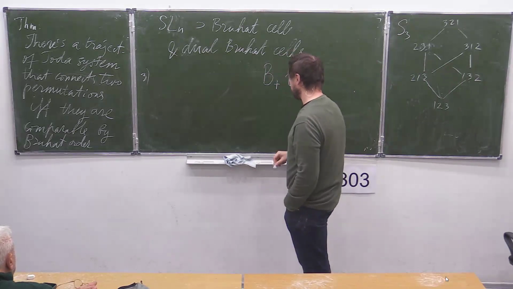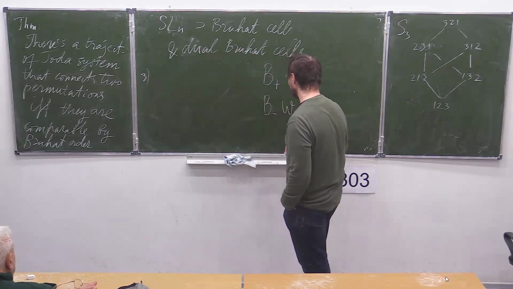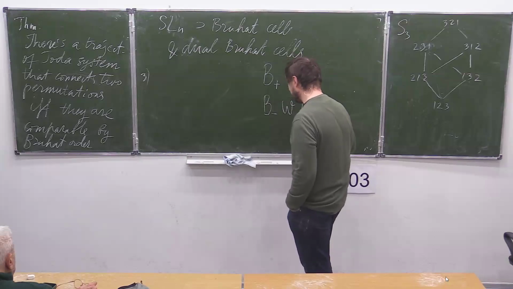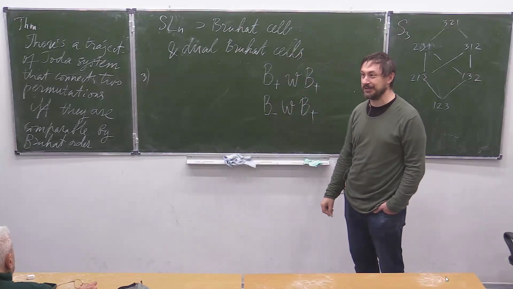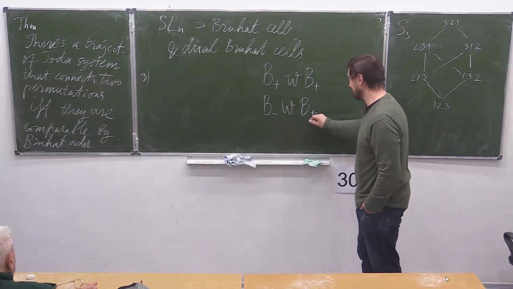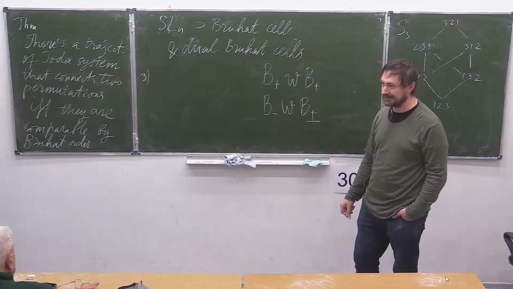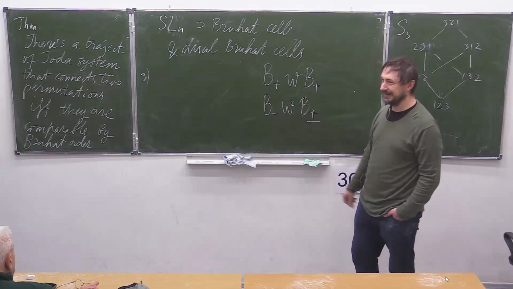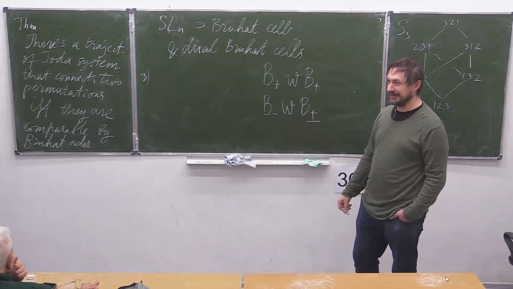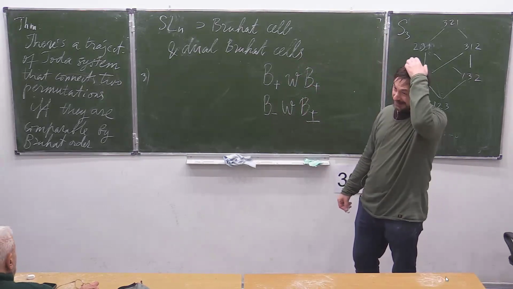And dual Bruhat cell for us is B minus, W, B plus. And in most papers which deal with Bruhat cells and dual Bruhat cells, people use B minus, W, B minus. But for us, it is B minus, W, B plus. They're different.